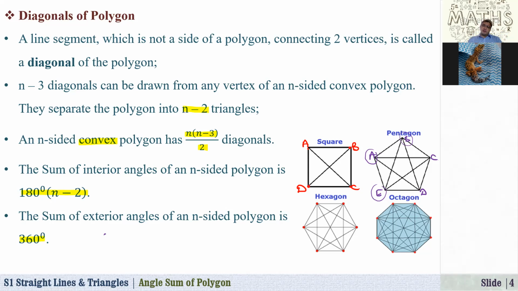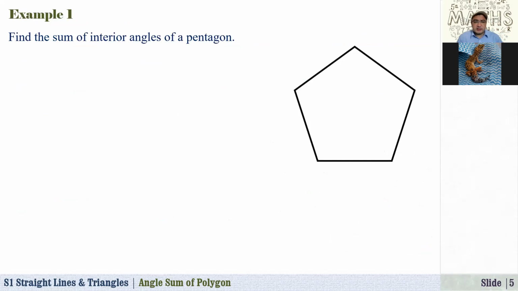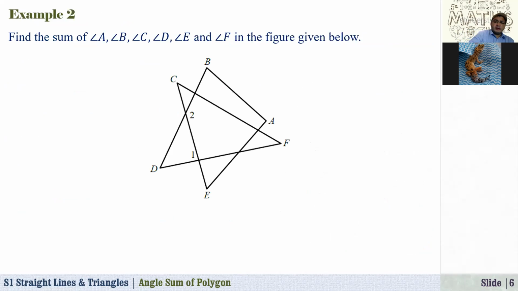If you are given any polygon, maybe a triangle or quadrilateral or pentagon or hexagon or heptagon, octagon, decagon, or whatever, the sum of the exterior angles is always 360 degrees. The reason is that I can draw any polygon inside a circle, and a full circle is always 360 degrees. But of course, we will prove them in a slightly different way. This is just the idea.